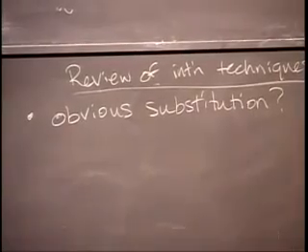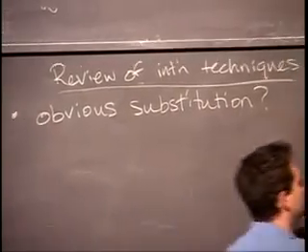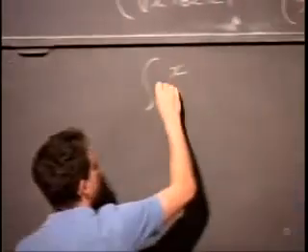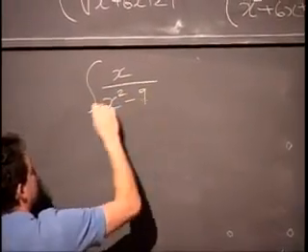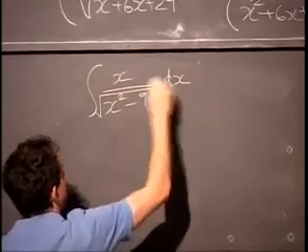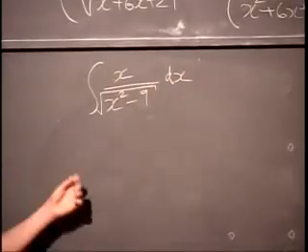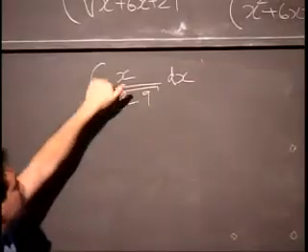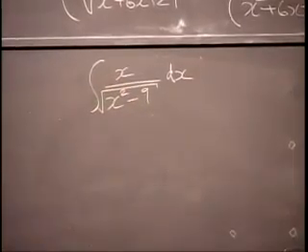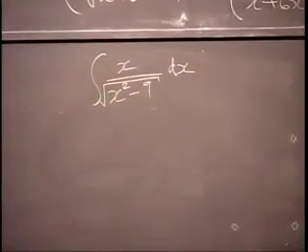An example would be something like what I did before, x over, say, root of x squared minus 9. Again, don't use a trig substitution. The obvious substitution is t is x squared minus 9 because its derivative is up there. So you're looking for derivatives of other pieces in there being multiples.